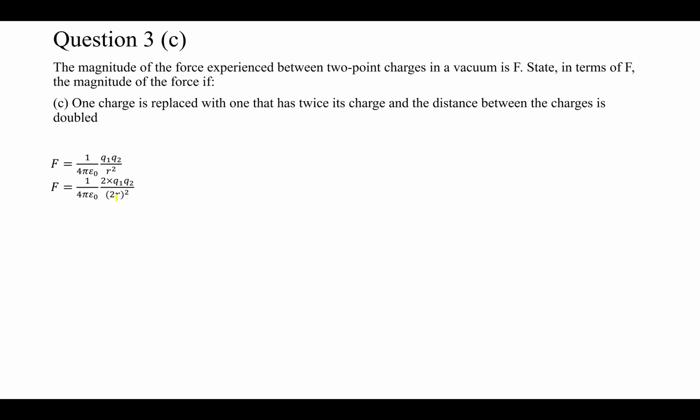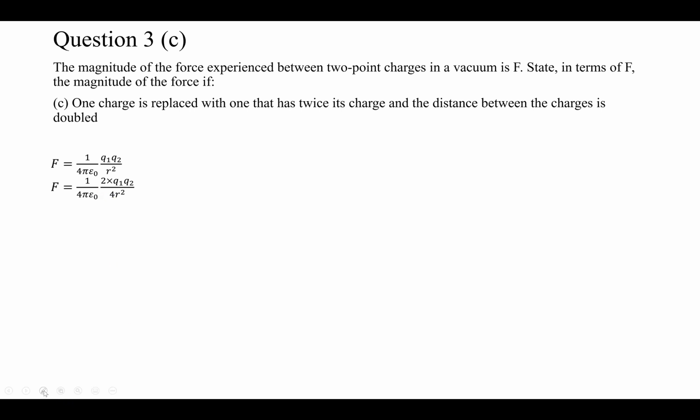Then we multiplied r, which is the distance, by 2. Distance between charges is doubled, therefore we multiply the distance by 2. Okay, cool. Now because it's in brackets and we've got the power of 2, it becomes 4, right? Cool. It becomes 4 and r becomes squared.